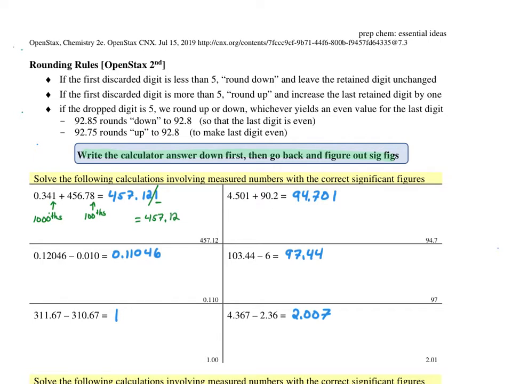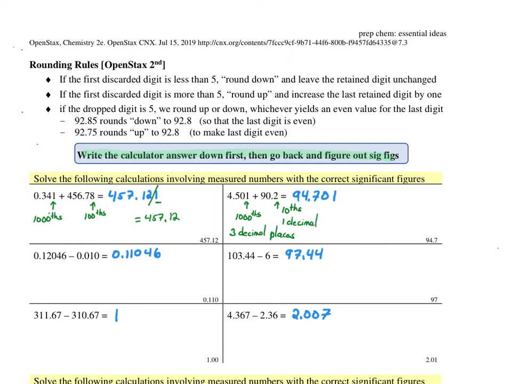The next problem over, our first uncertain decimal place in this number is the thousandths, or we can say 3 decimal places. And our second number is only good to the tenths, or 1 decimal place.